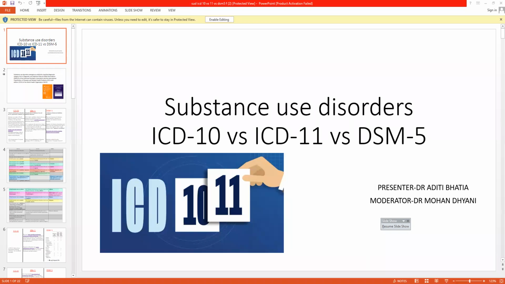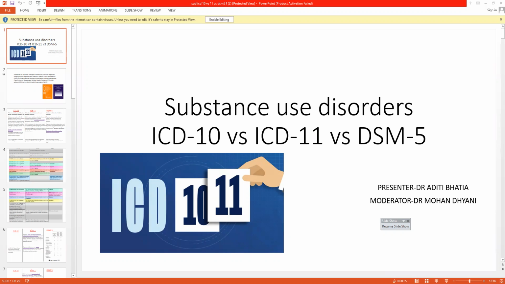In ICD-10, the diagnosis of substance dependence was dichotomous, either currently abstinent or using. In ICD-11, a remission specifier is proposed instead of abstinence. In DSM-5, dependence is specified by remission in terms of the number of criteria met, not by abstinence. ICD-11 suggests a continuum model for recovery from substance use rather than the dichotomous model of ICD-10.